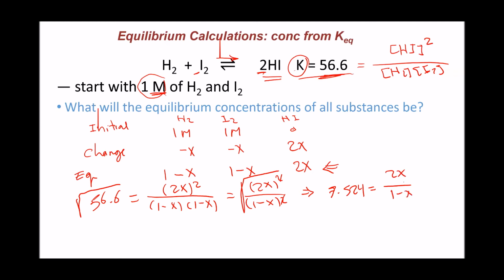And you can rearrange this. So 1 minus x is going to equal 2x divided by 7.524, or 0.2658x, and rearrange it to solve for x.